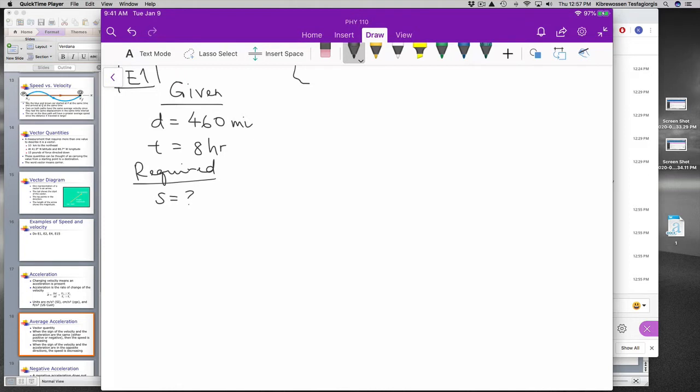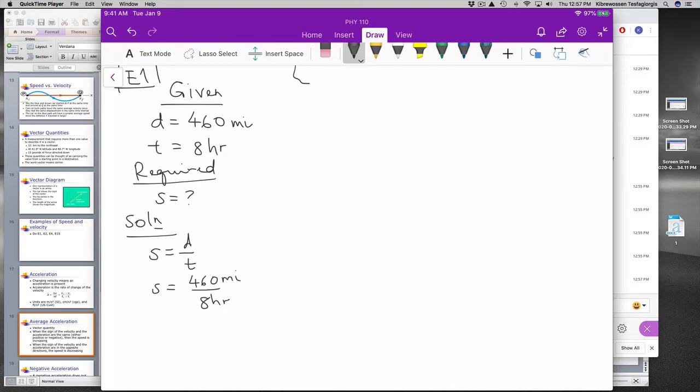When you come to the solution, the main part of the solution is finding the right equation, which is d over t, distance over time, because we're finding average speed. Your d is 460. Divide that by 8 hours.